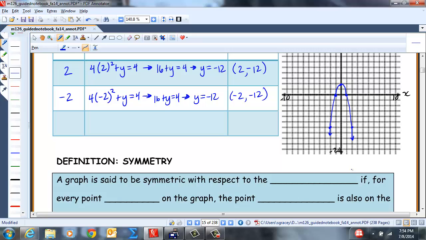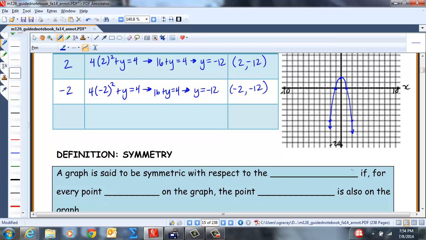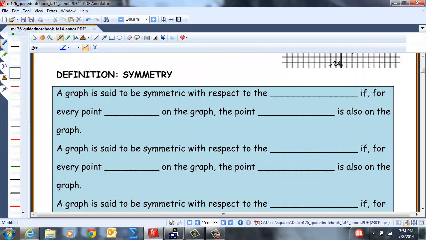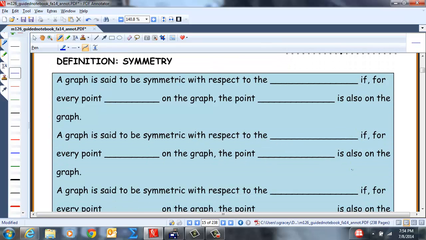So, speaking of symmetry, here are some official definitions for symmetry. A graph is said to be symmetric with respect to the x-axis if for every point x, y on the graph, the point x, negative y is also on the graph.